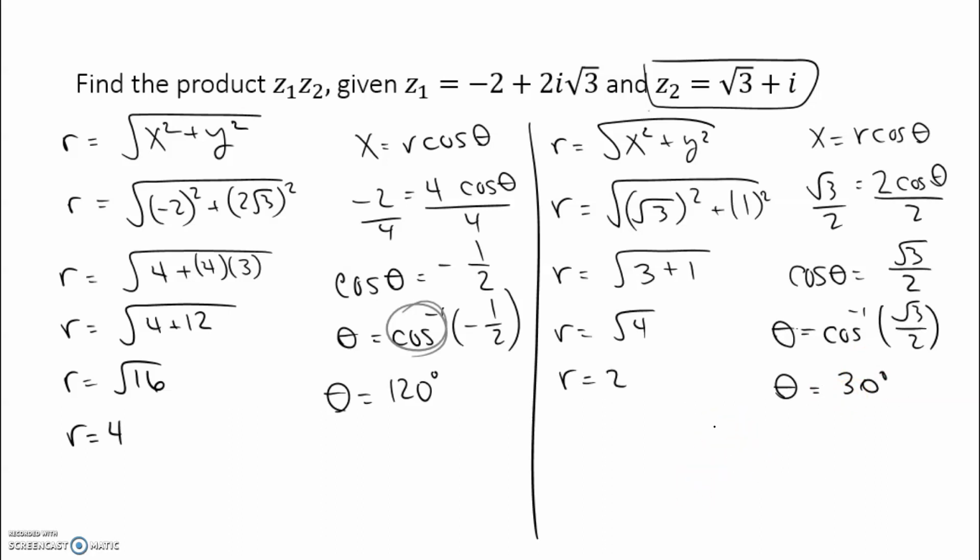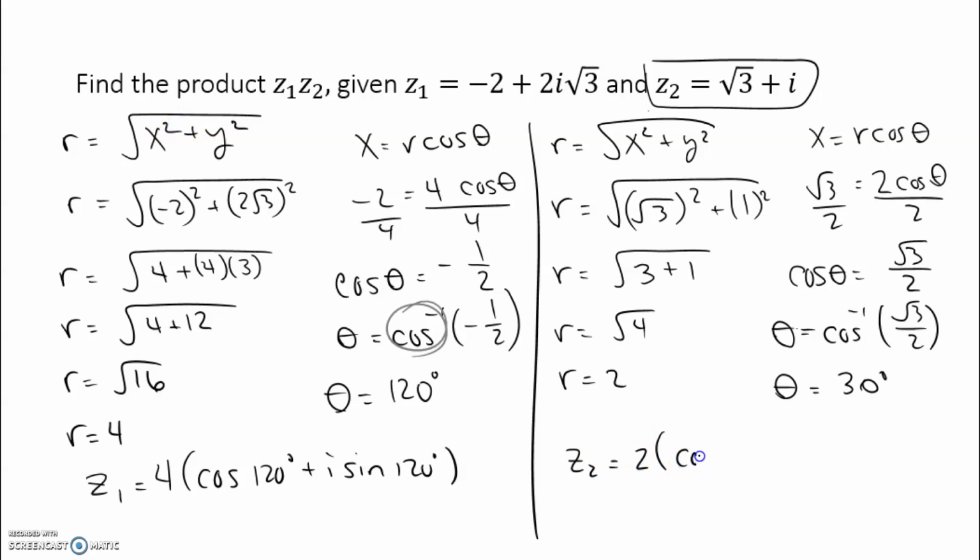Okay. So now, the z sub 1 over here is 4 cosine of 120 plus I sine of 120. And over here, z sub 2, this would be 2 cosine of 30 plus I sine of 30. Okay, now I can multiply these two polar forms together.